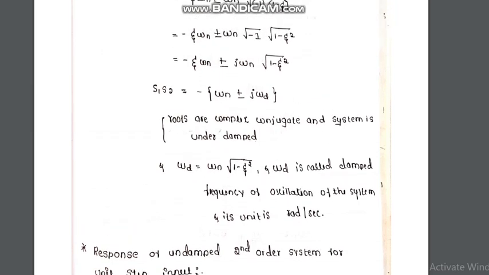I am representing this omega n into square root of 1 minus zeta square as omega d. So for zeta between 0 and 1, the system is underdamped.